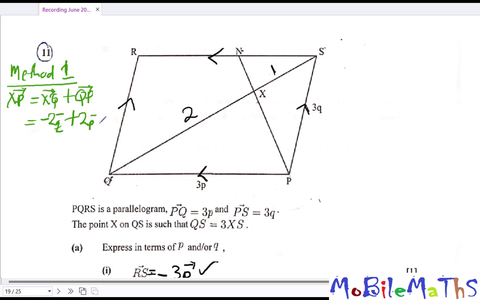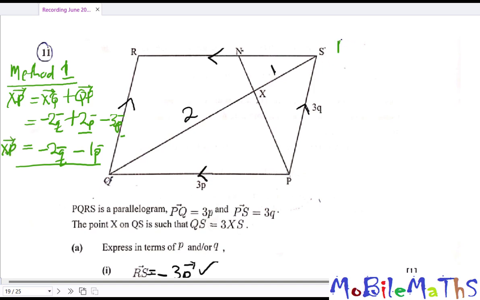Okay, that's the vector there. Then QP is negative that, so it's minus 3p there. So simplifying, these are p's. I'll get an answer of minus 2q and a minus 1p. Okay, so that's my XP using method number 1.